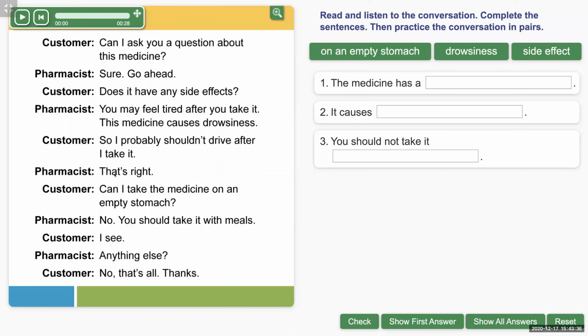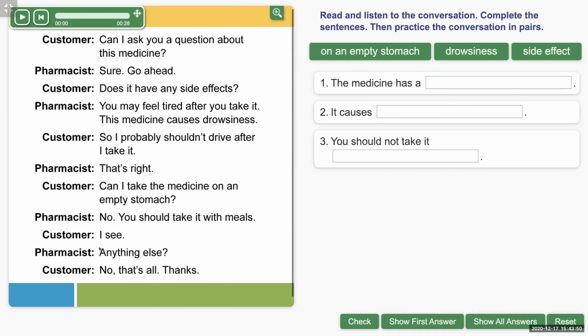Pharmacist, that's right. Customer, can I take the medicine on an empty stomach? Pharmacist, no, you should take it with meals. Customer, I see. Pharmacist, anything else? Customer, no, that's all. Thanks.